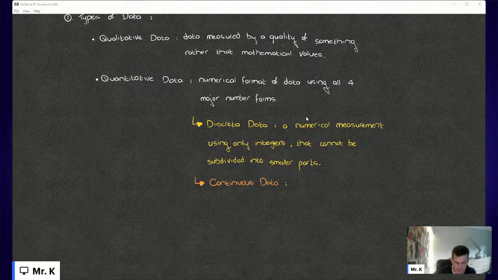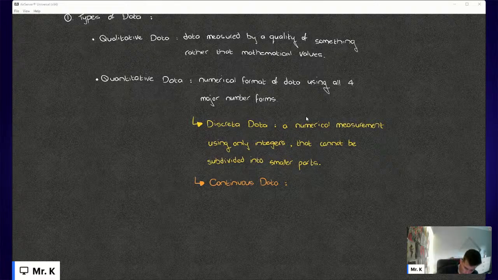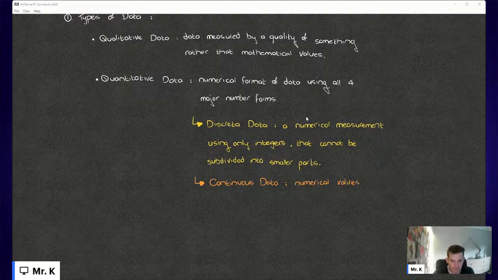But continuous data is slightly different, right? It's often considered to be the opposite of discrete data. So it is also numerical values, not qualitative data. It's not descriptions, it's numbers. But it's numbers that have an unspecified number of measurements between two specific points.